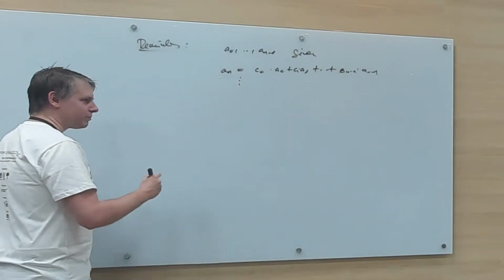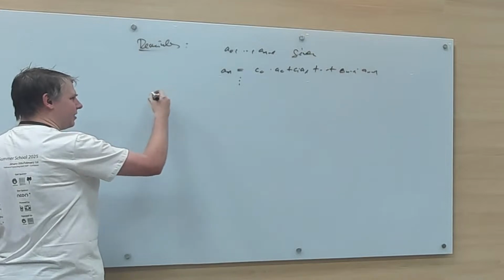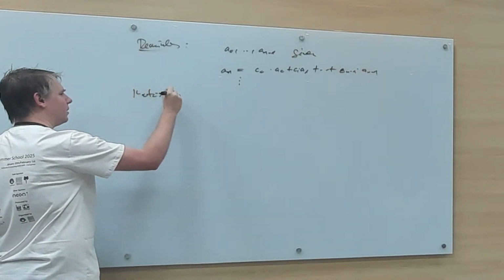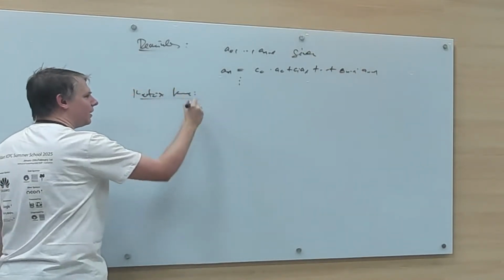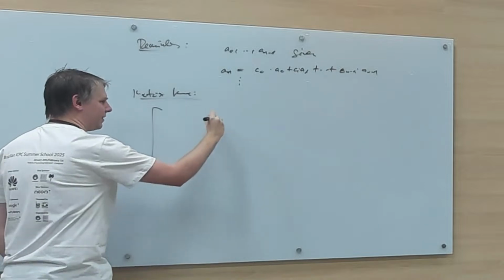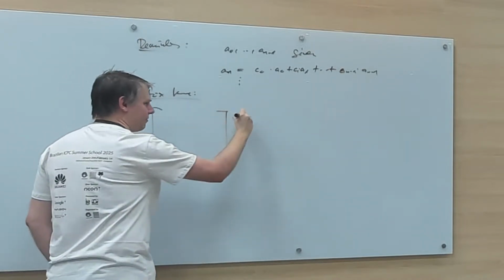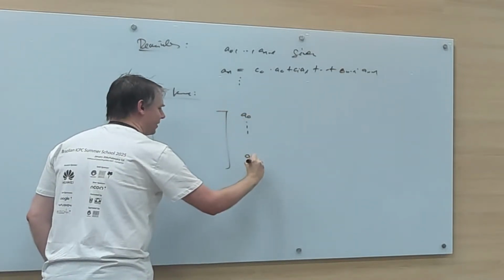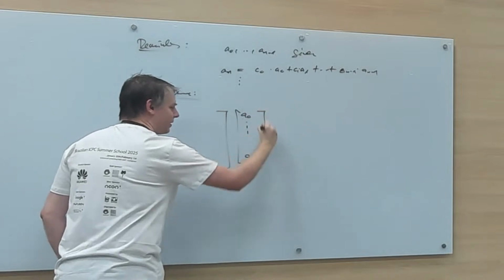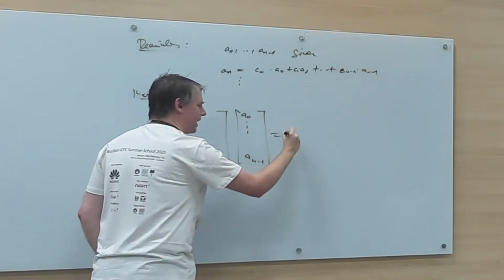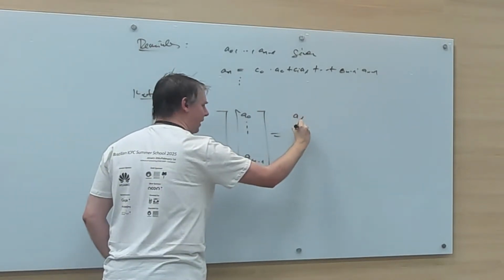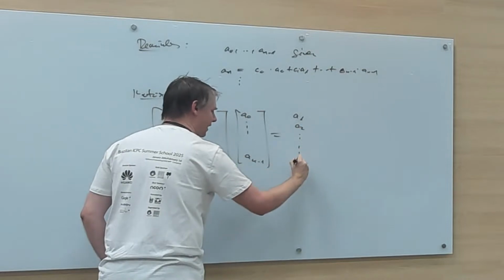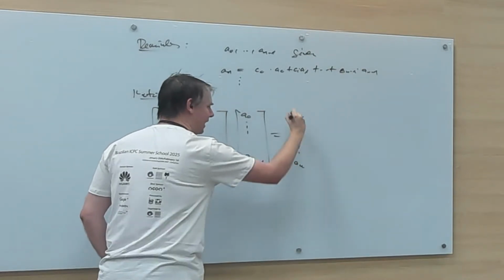Okay, so we discussed that there is a matrix form of this. The idea was to consider this initial segment of values and map it to the segment with the index shifted by 1. That's the mapping that we would like to do.